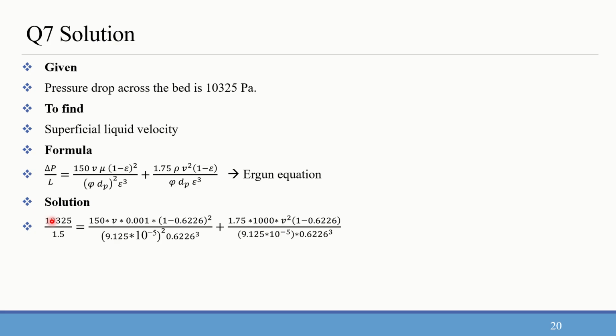So it is delta P is 10325 divided by 1.5 meter of the packed bed equal to 150 into V into mu. Mu is 0.001 into 1 minus epsilon.